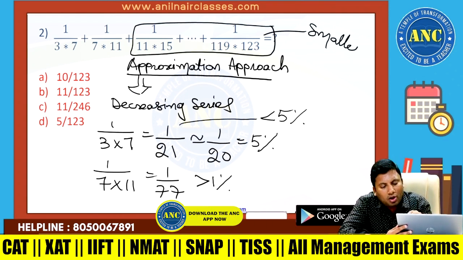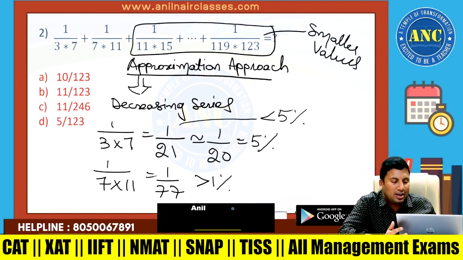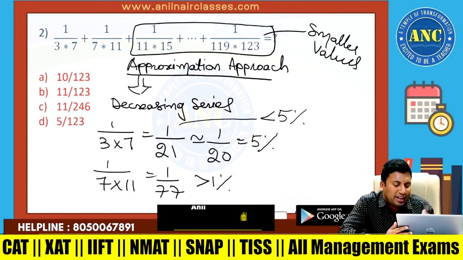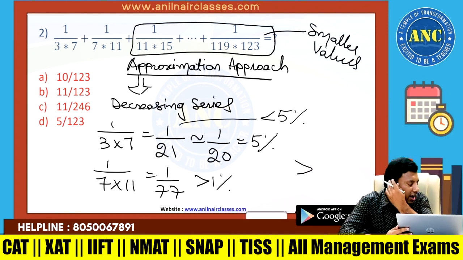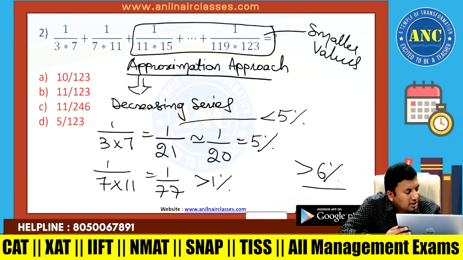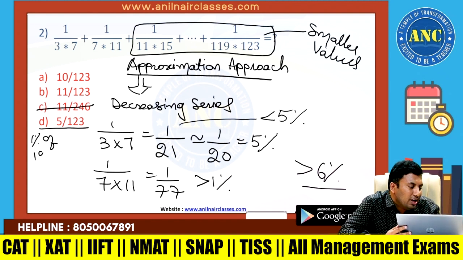All the values are smaller values. That means if you observe closely, the answer should probably be just greater than 6%. These are eliminated. 5 by 123: 1% of 123 is 1.23.